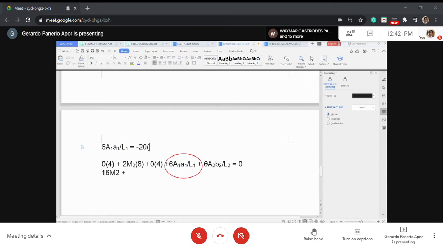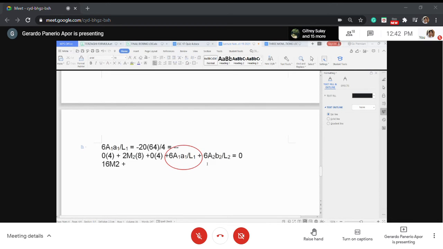Then L cubed is 4 times 4 times 4, that is 64. Then divided by 4. So you will have minus 20 times 64 divided by 4. 64 divided by 4 is 16, times 20, negative 320.